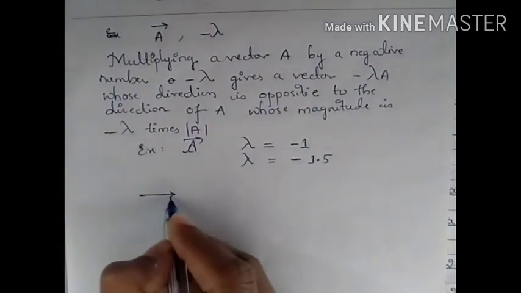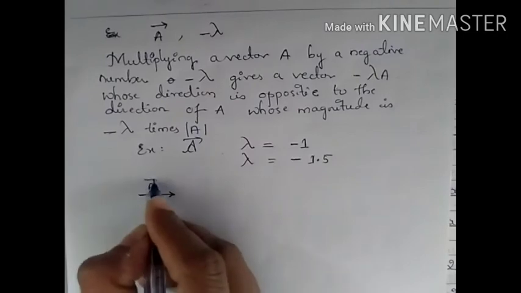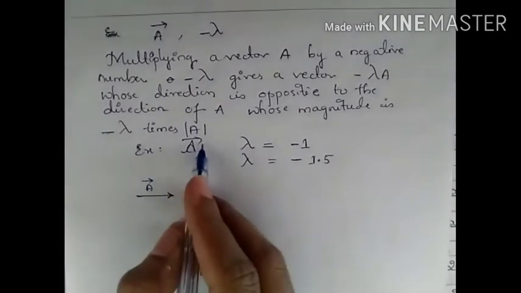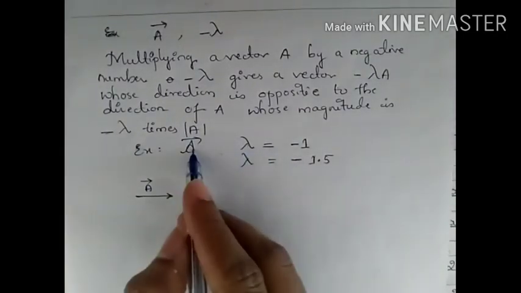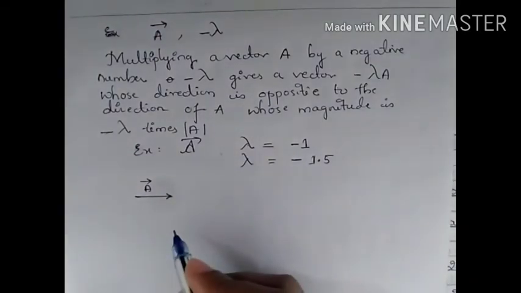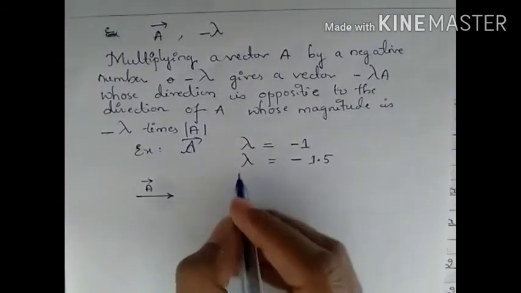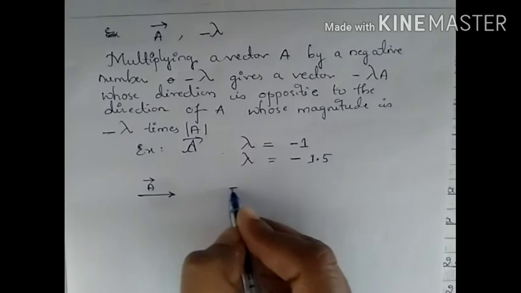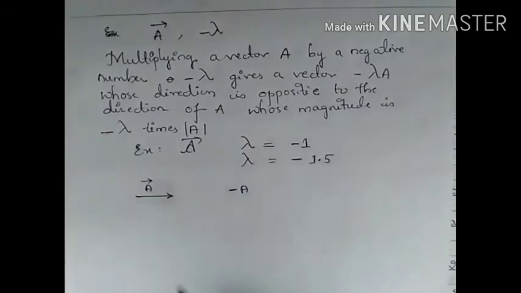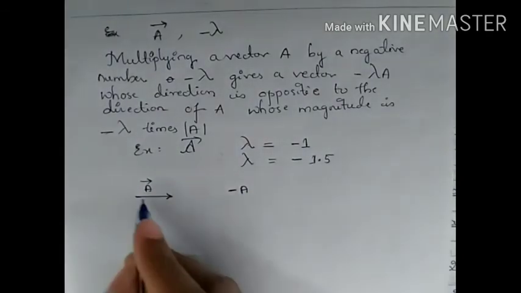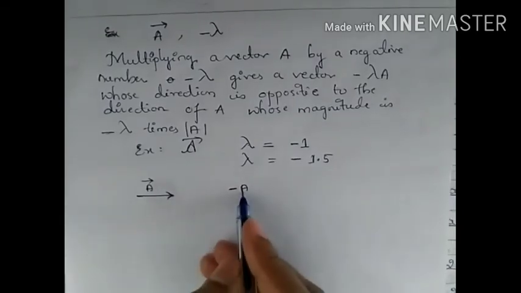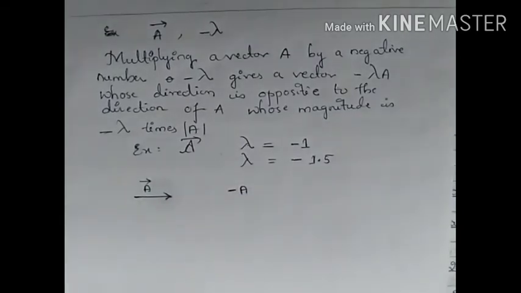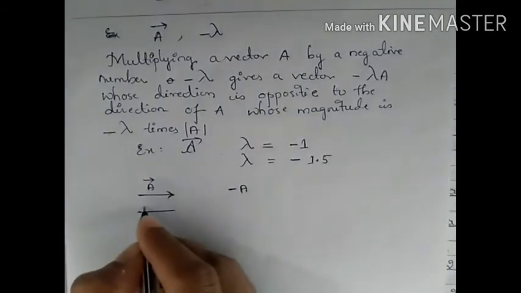There is a vector A. Now if you multiply lambda to this vector, what will happen? You will get minus A. So that means you have a vector whose direction is opposite to the direction of vector A. So minus A is this.